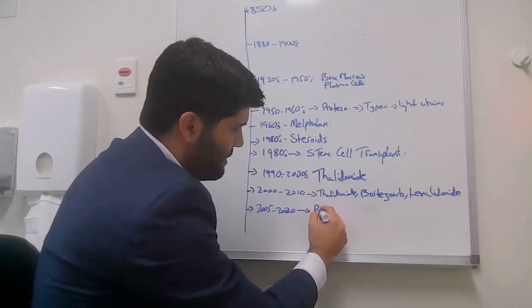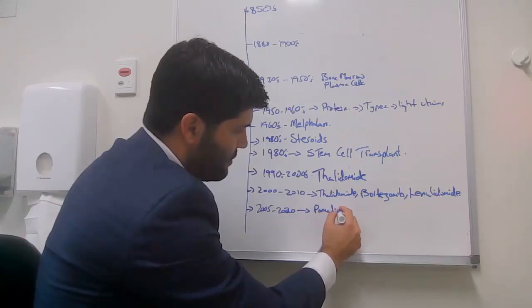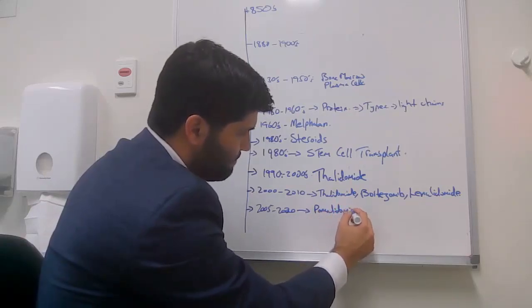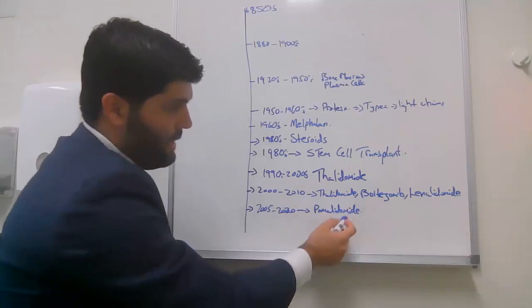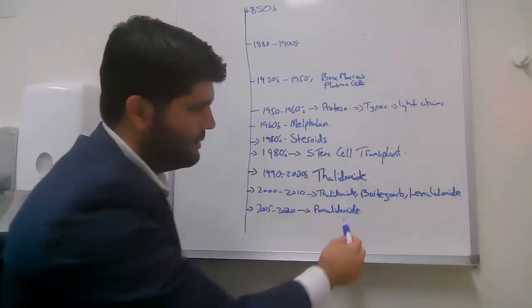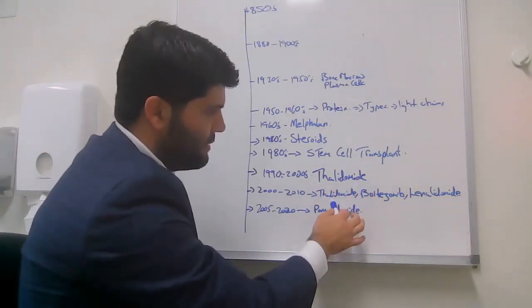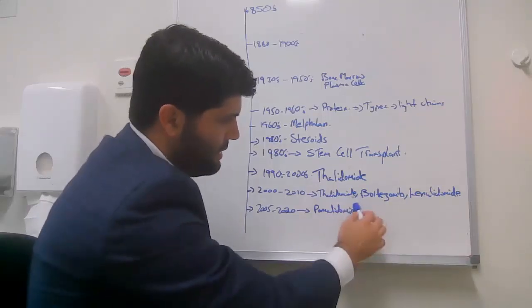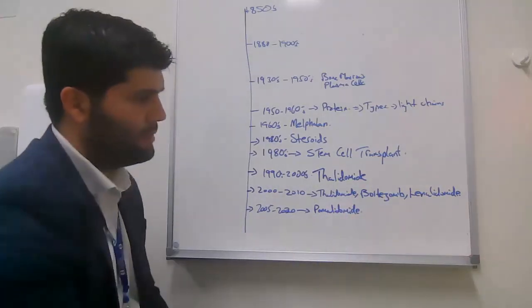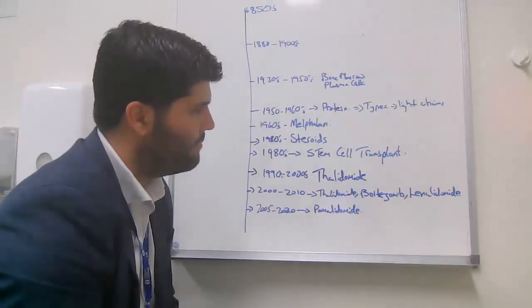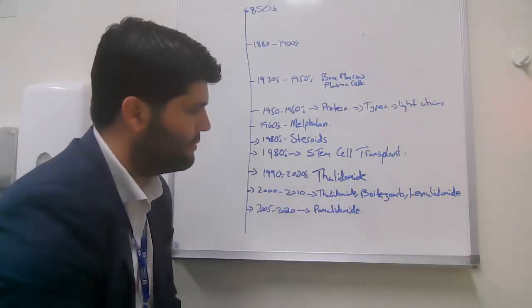And so there's another medication that you may have heard of called pomalidomide, which is again a third generation or a third cousin to thalidomide. You see that thalidomide, lenalidomide, and pomalidomide all share a similar name, and they all have a similar mechanism of action.